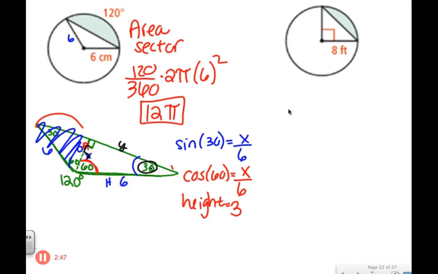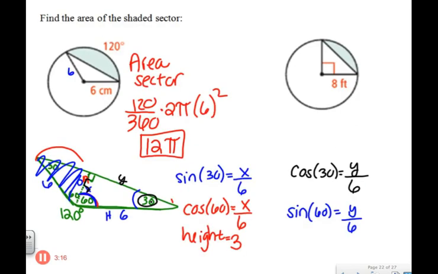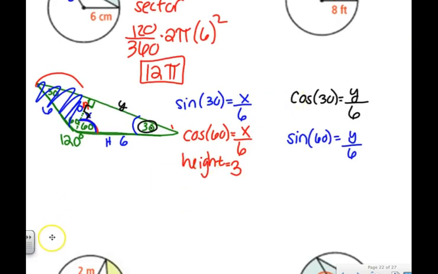I can use this 30 or I can use the 60. If I use the 30, y is my adjacent side, so cosine of 30 equals the adjacent over the hypotenuse. Again, if I wanted to stand at this angle, y would be opposite, and I'd have opposite over hypotenuse. So I'd say sine of 60 equals opposite over hypotenuse. Either way you do that, you're going to find the base of the triangle.